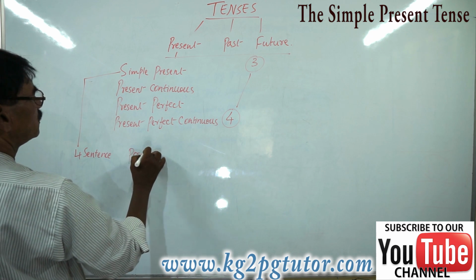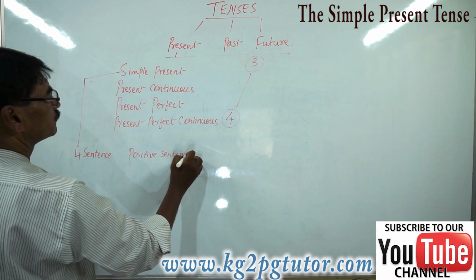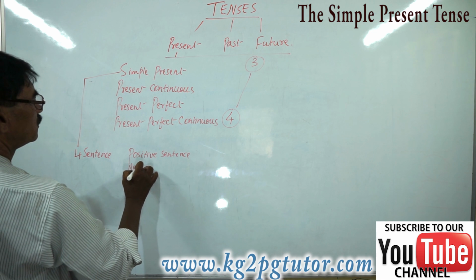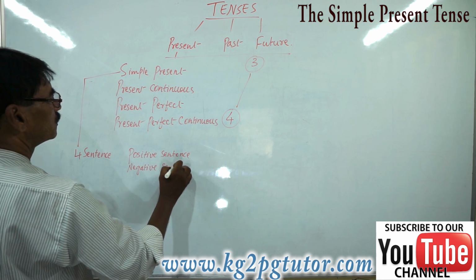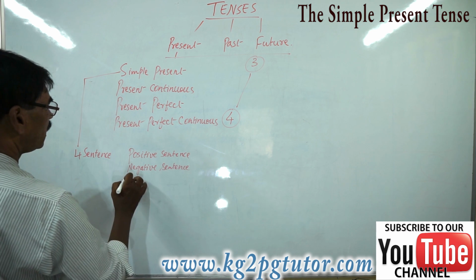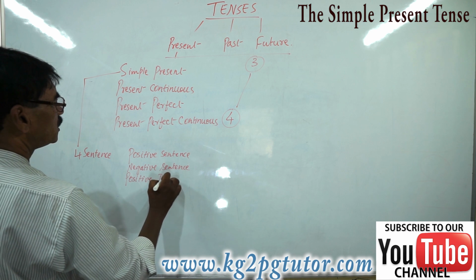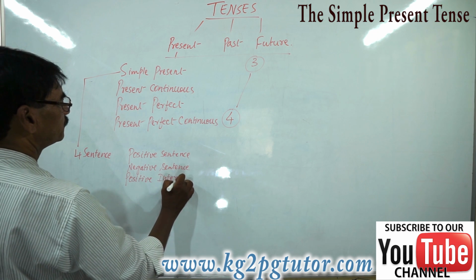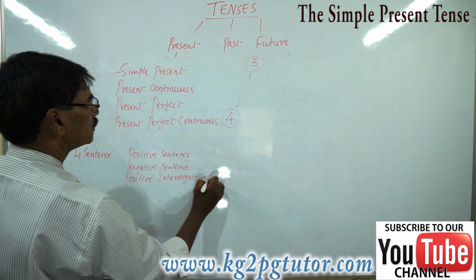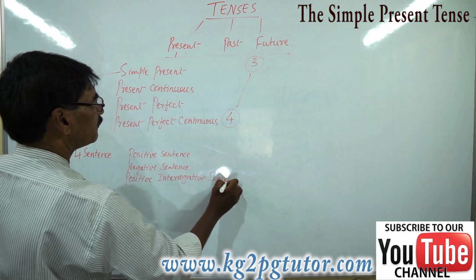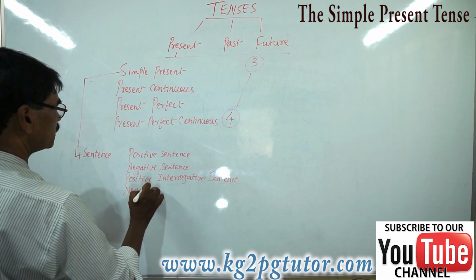Positive sentence, negative sentence, then we have the positive interrogative sentence. And finally we have the negative interrogative sentence.